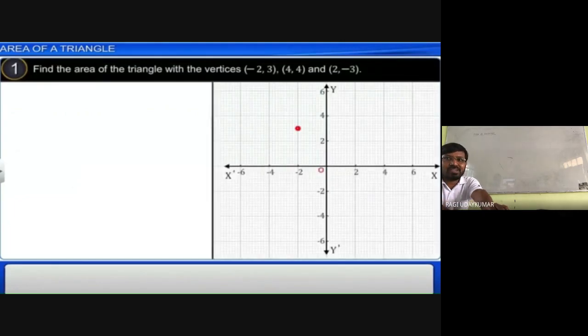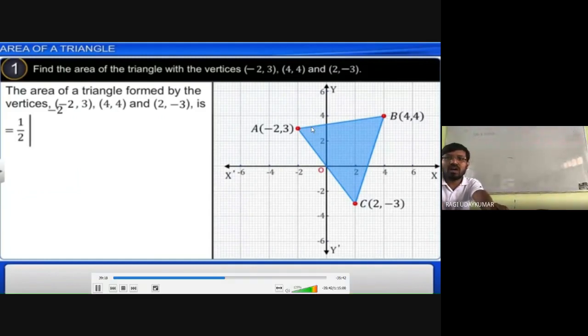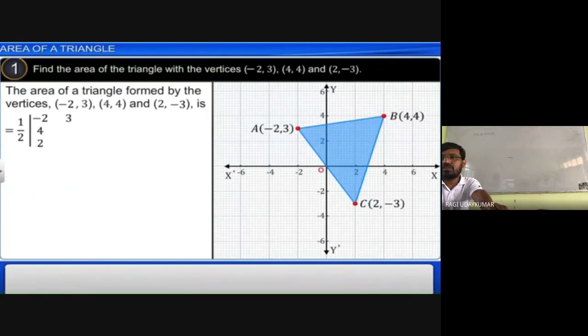So the area of this triangle, the points are A minus 2 comma 3, B 4 comma 4, C 2 comma minus 3. So half into the 3 by 3 matrix obtained with the x coordinates as the first column, y coordinates as the second column, and the third column as 1, 1, 1.